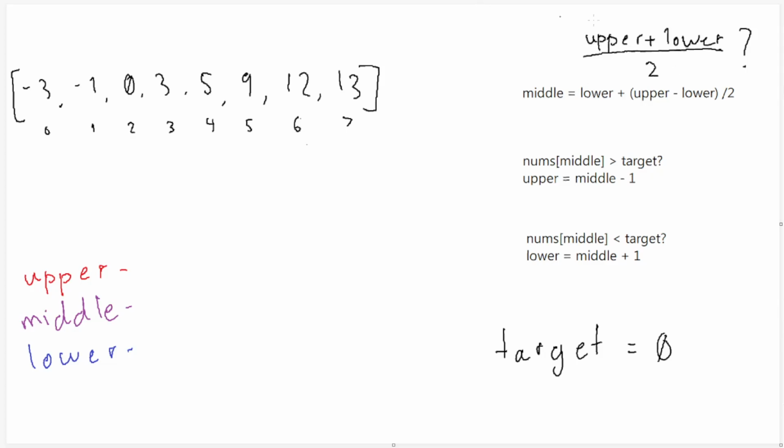If we were to take the average using upper plus lower, it's possible that we'll have two integers that add up to something greater than that 2 billion threshold. So we account for that by using this equation, which first takes the difference of those two and then averages that, and then adds our offset afterwards, which is the lower value. That's how we account for overflow errors.